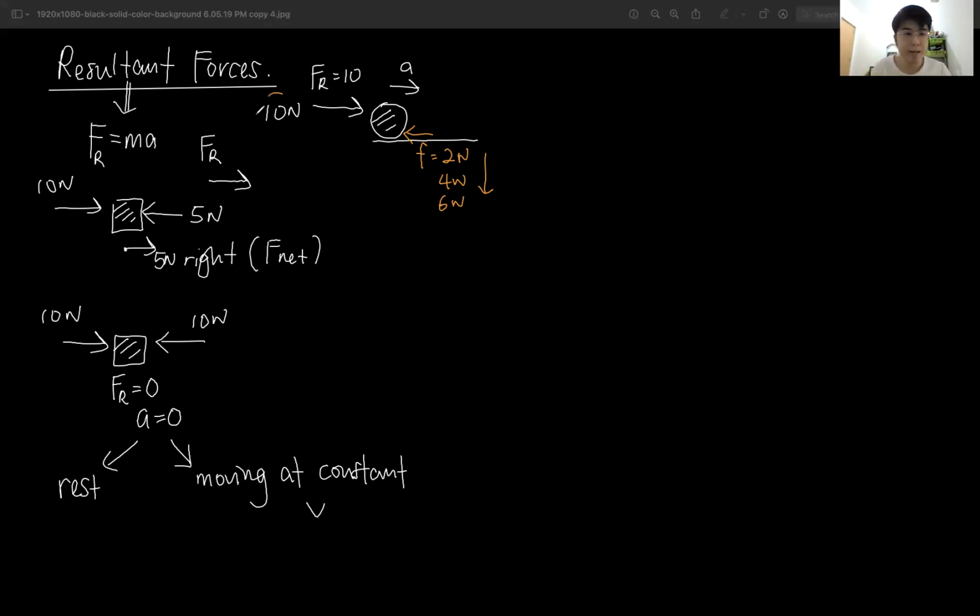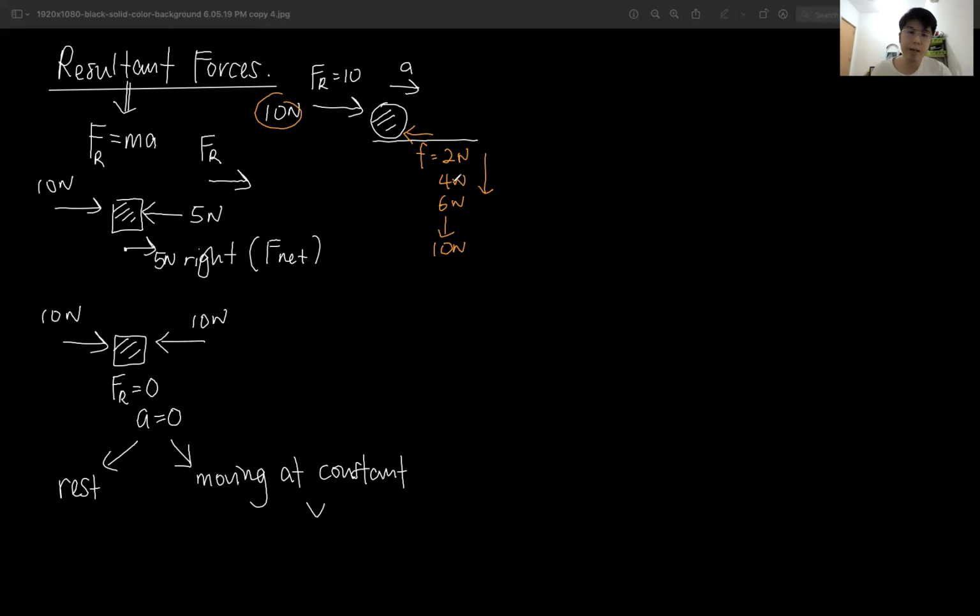Okay, so you take the 10 minus whatever is the frictional force, you get the resultant. So if your frictional force keeps on increasing, 2, 4, 6, 8, your resultant will decrease, and eventually the resultant force will become 0 when the frictional force increases to 10 Newton.